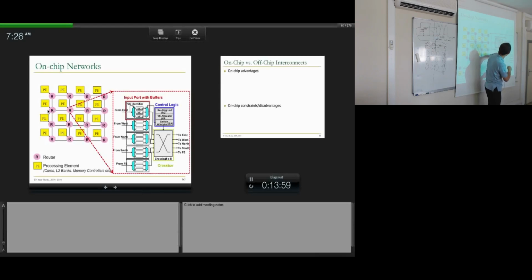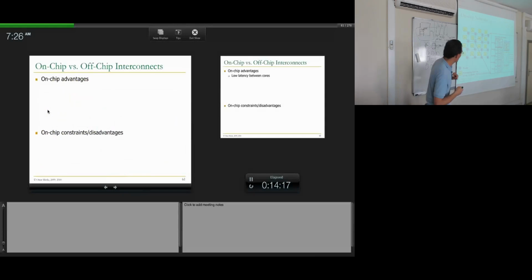The arbitration algorithm is, for each output port, figure out what is picked to go next. Okay? And the complexity increases as you add more buffers, as you add more input ports, as well as more virtual channels. Okay, and that's the crossbar.